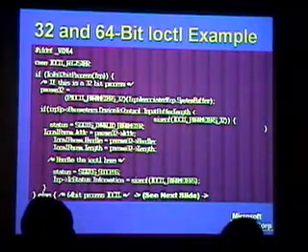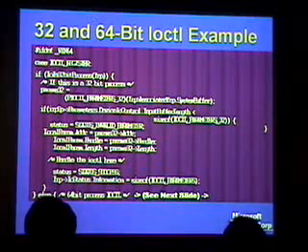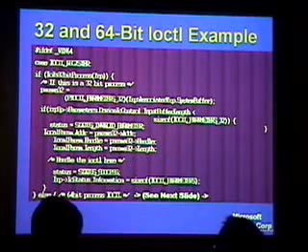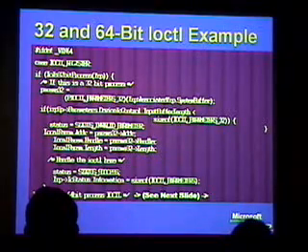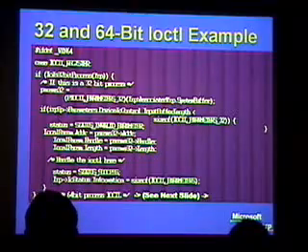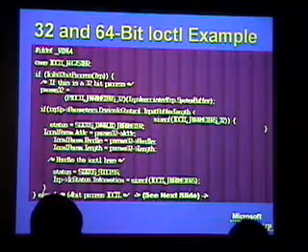So in your driver code, in the dispatch routine, the driver first has to call this API, IoIs32bitProcess, on the IRP that is coming from the I/O manager. And if this returns true, then we know that the IRP came from a 32-bit process. So we now cast the structure to our newly defined 32-bit structure and validate the length accordingly.